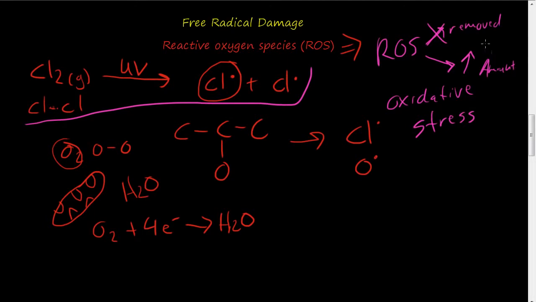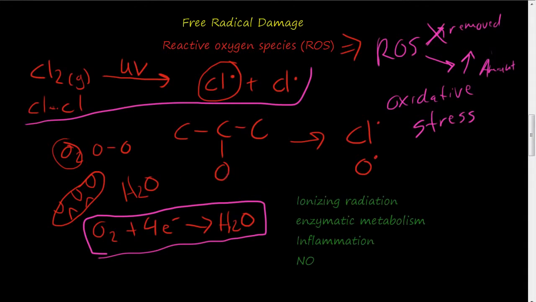But for now, let's just remember that if the reactive oxygen species that are normally produced in the body through this process are not removed, they can cause oxidative stress to the cells. Or if there's an increased amount of these due to a huge supply of oxygen, that can also cause oxidative stress.